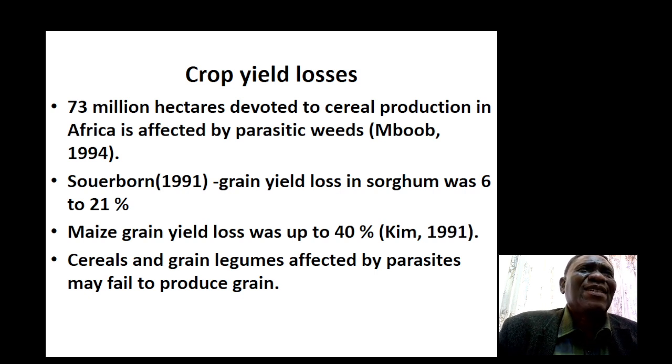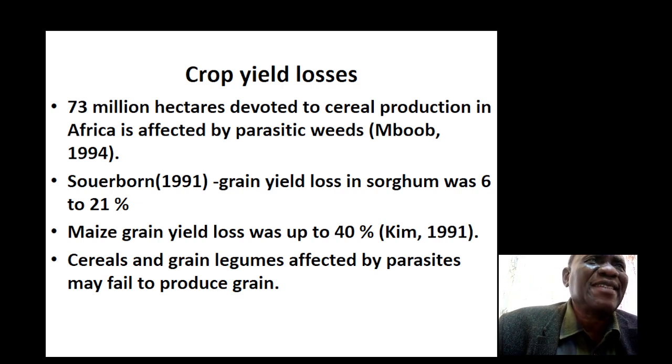Sauerborn in 1991 indicated that the grain yield loss in sorghum ranged from 6 to 21%. Kim had maize yield losses which were up to 40%.